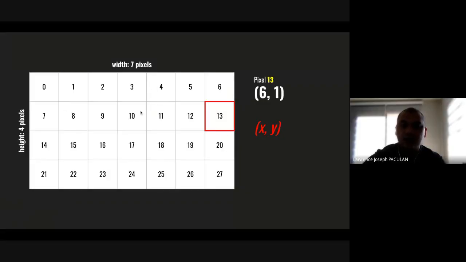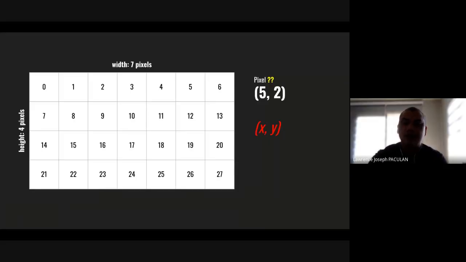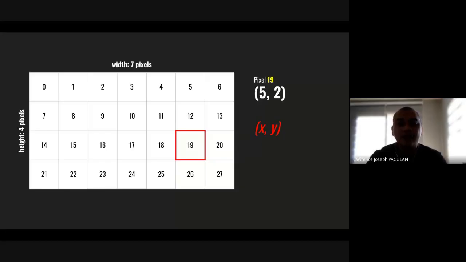So we see that pixel 13 is on column 6 and row 1. How about 5, 2? You can pause again and try to guess or use your process to find the index. The answer is pixel 19. So it's on column 5 and row 2.